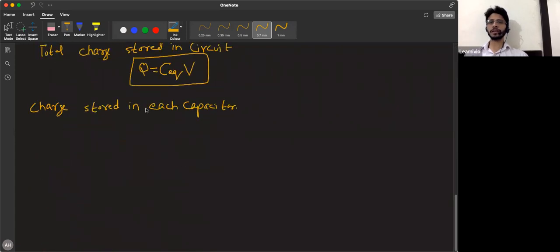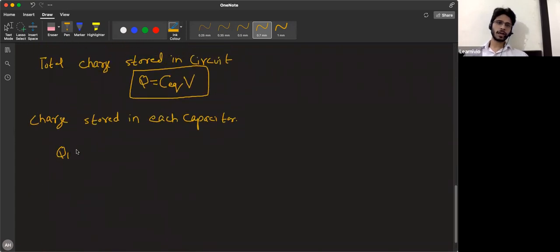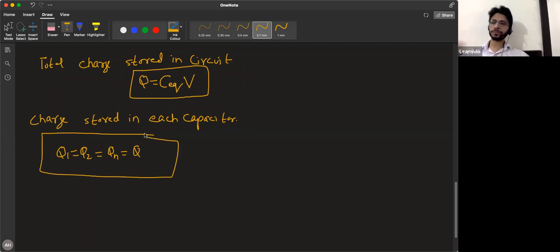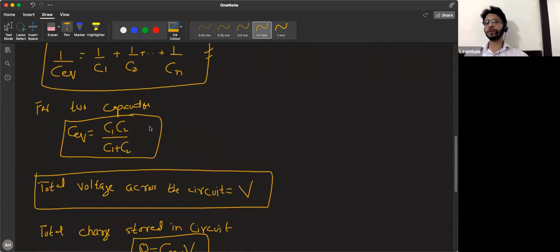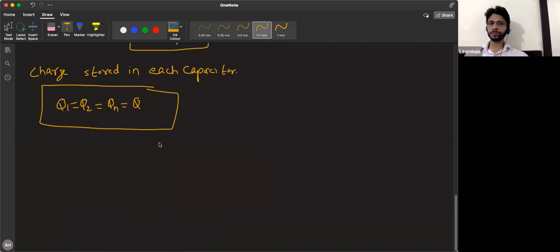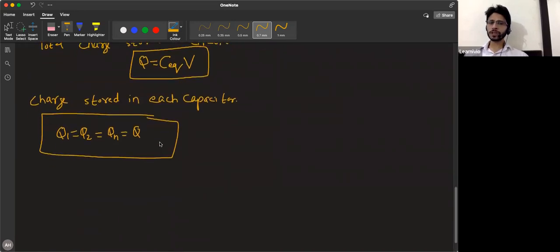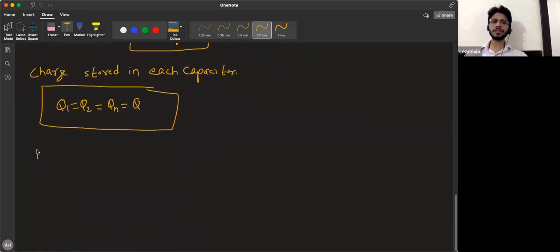All capacitors are connected in series, so the charge stored in each capacitor is the same, because in series there is no division of charge. After that, I need the energy stored in each capacitor.